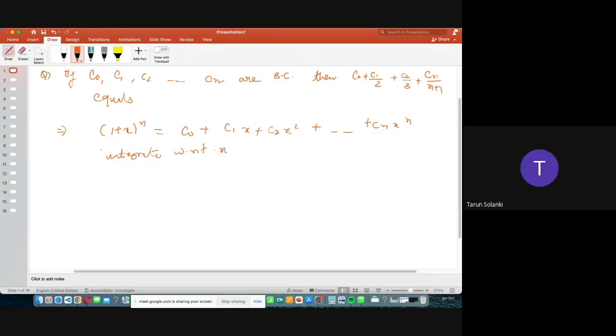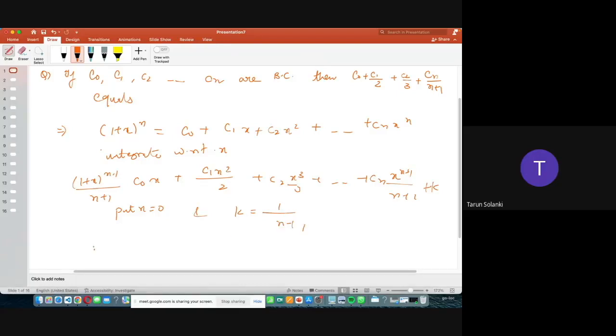Here you will get (1 plus x) to the power n plus 1 divided by n plus 1 equals C naught x plus C1 x square by 2 plus C2 x cube by 3, and this goes on up to Cn x to the power n plus 1 divided by n plus 1, plus k. Now put x equals 0, and k is equal to 1 upon n plus 1.